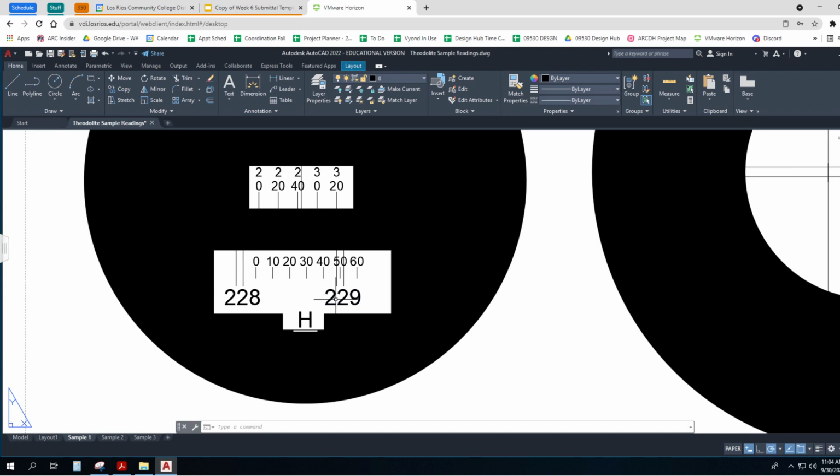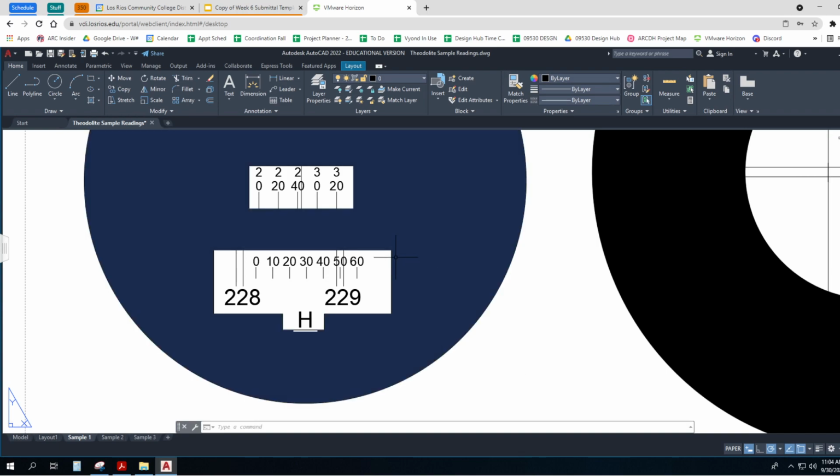My 229 counts. That's the one I'm going to read: 229 degrees and 50 minutes, because I'm bracketing the 50. That's pretty good, but I would like to get a little bit closer than that.